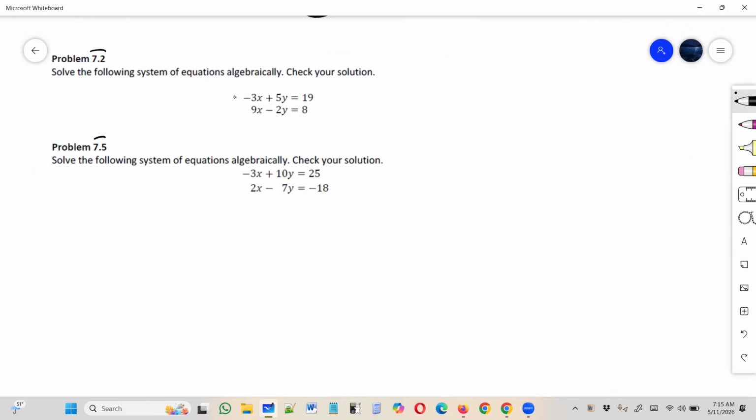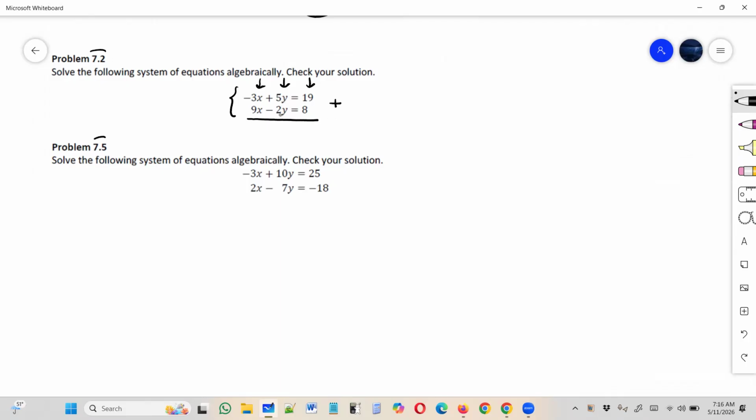Okay. So here's system one, problem 7.2. Now, first you realize that the variables are already lined up. This is good. And then if you try to add them as they are, ask yourself, will one of the variables disappear, be eliminated? And in this case, the answer is no, right?